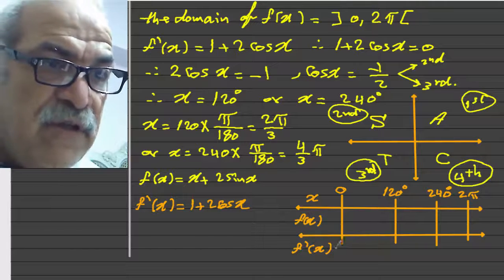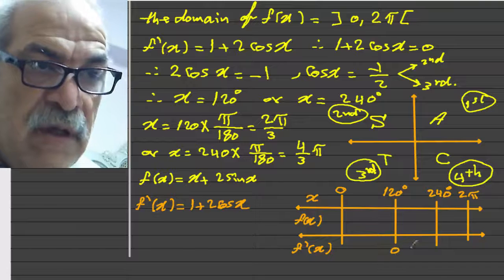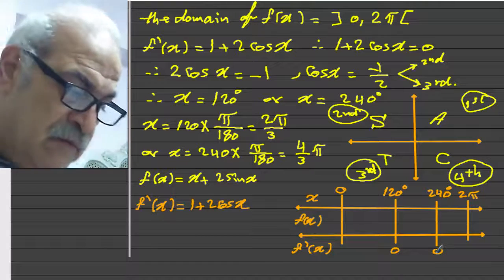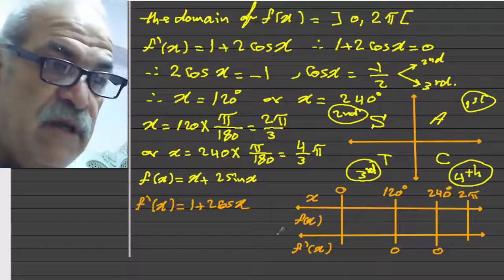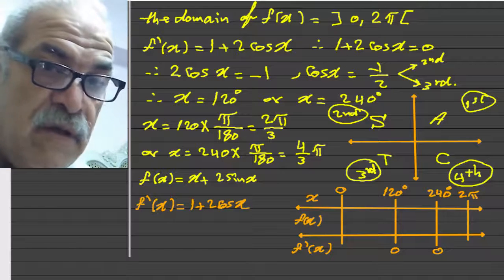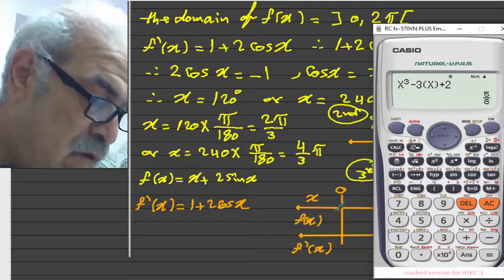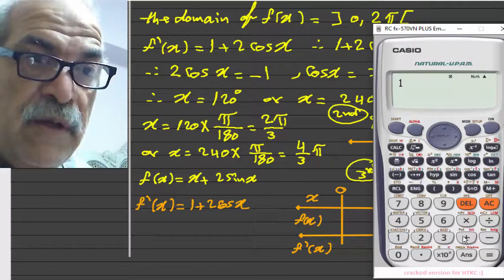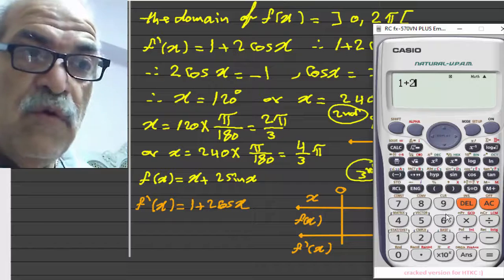Here we have f dash of x equals 0 and f dash of x equals 0. Let us write f dash of x here using the calculator. It is 1 plus 2 cosine x.